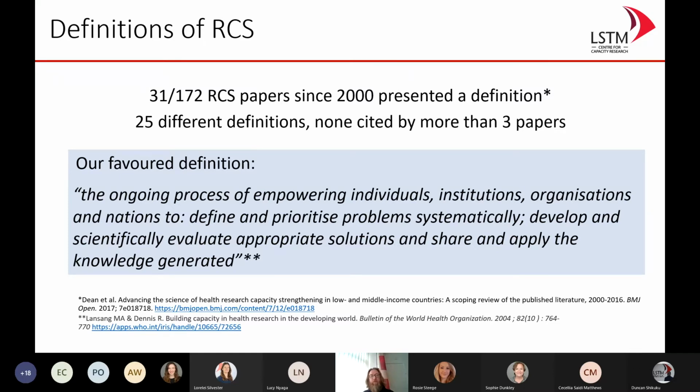And it also refers to all stages of the research process, from the capacity to identify problems, to define what they are and prioritize those issues, to conduct research that addresses those research priorities, and then to actually share and apply that knowledge generated. So it encompasses a lot about a strong research system. So we encourage the use of this definition. It's by no means perfect, but it's perhaps one of the better ones out there.